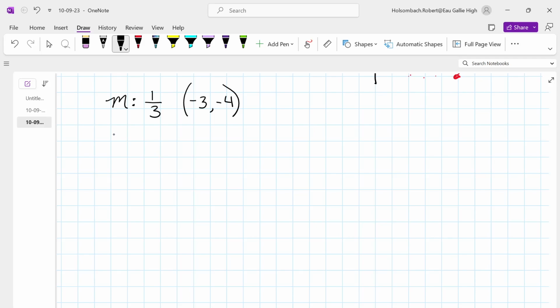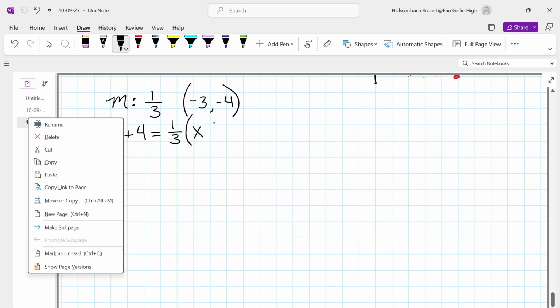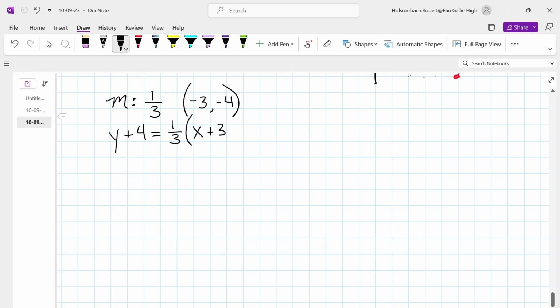We start with the letter y and the opposite of the y value given. So y plus 4 equals the slope, left parenthesis, letter x, and the opposite of the x value given. So plus 3.